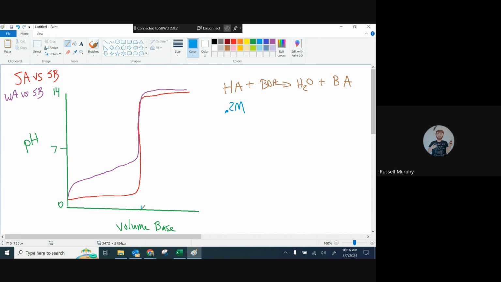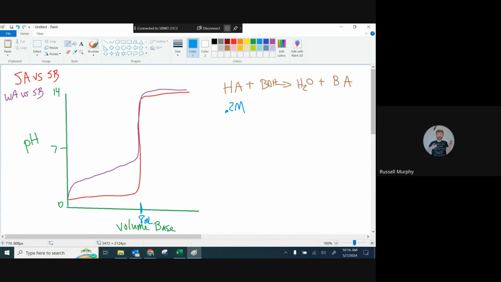And this is the volume of the equivalence point. Is there a hypothetical number you would like to plug in? 8. So 8 milliliters is the volume of our hypothetical equivalence point.